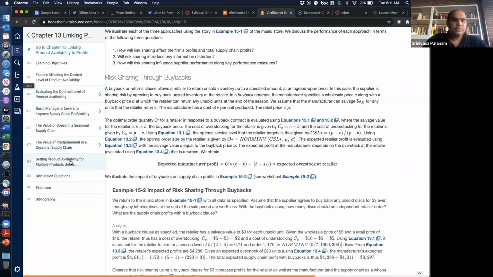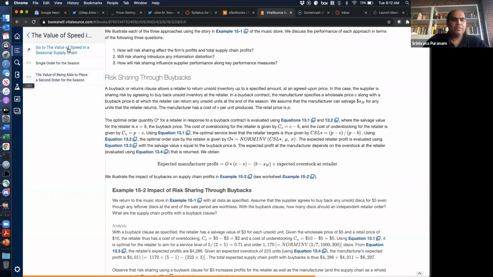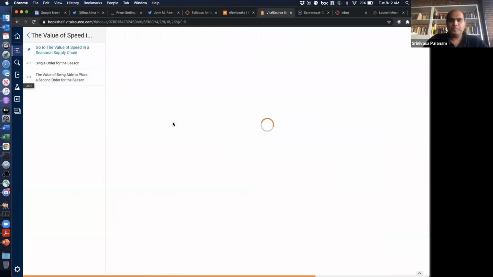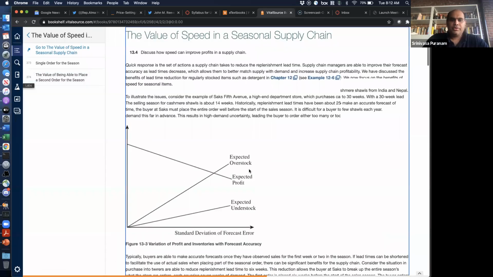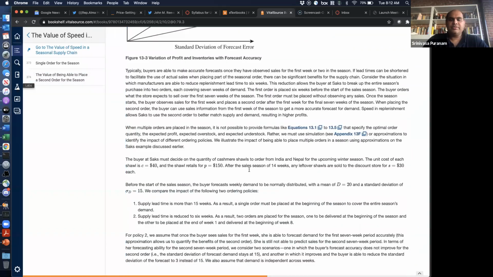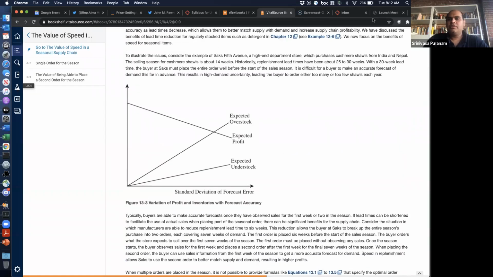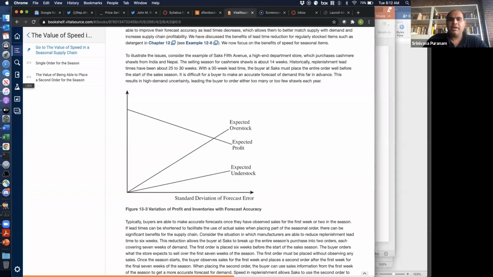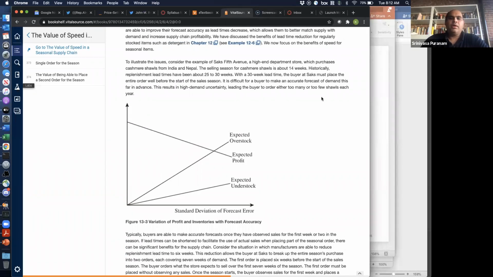Here is an example. Let's look at Saks Fifth Avenue, a high-end retailer, as you all know.